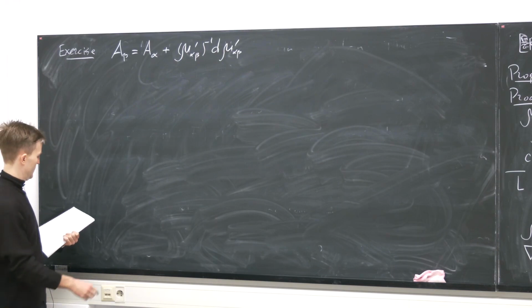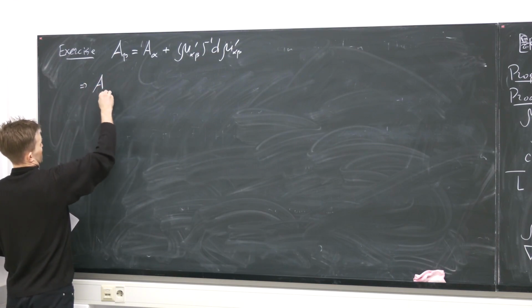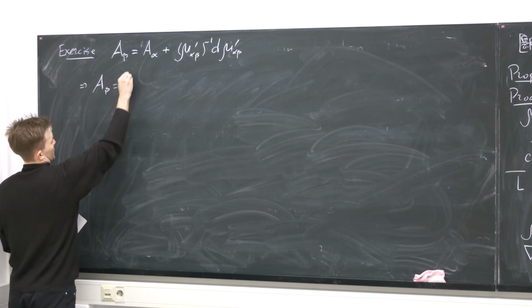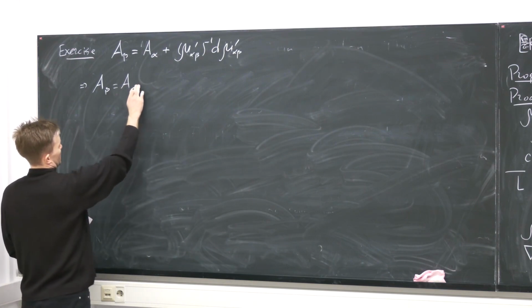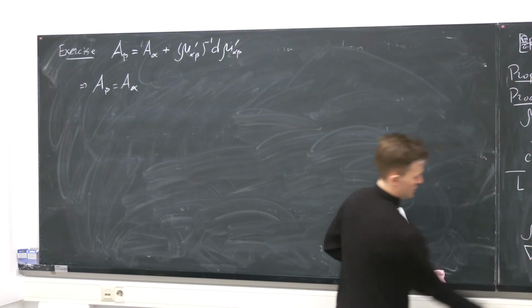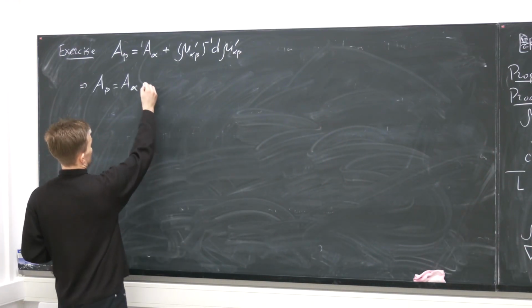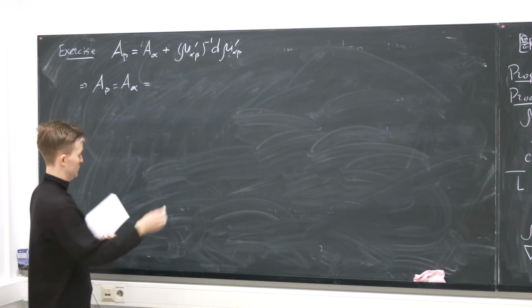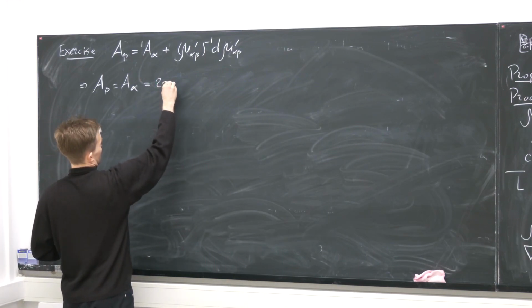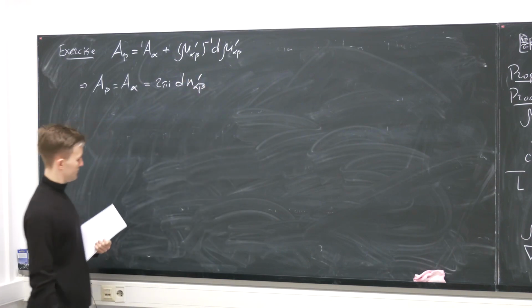And then from here we deduce that, using this expression for mu alpha beta prime, we get that this is just 2 pi i times dn alpha beta prime.